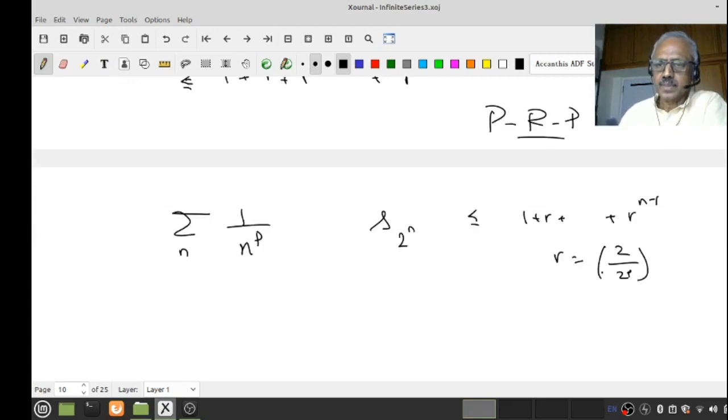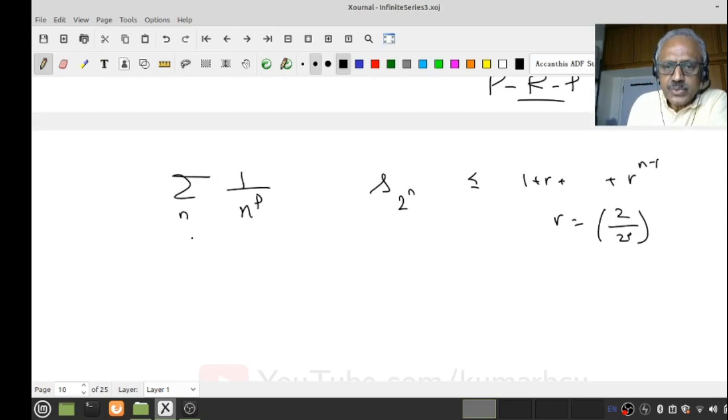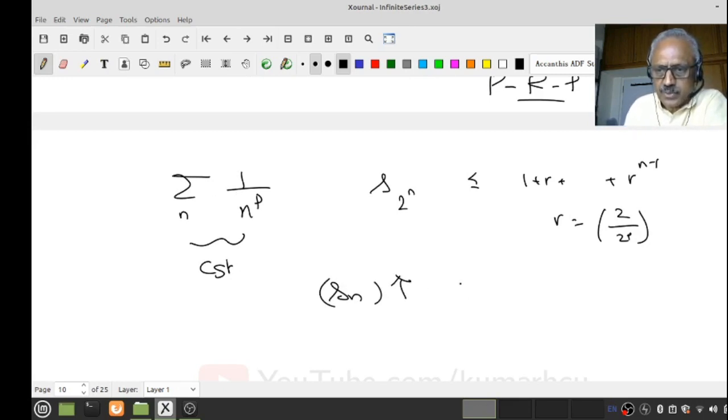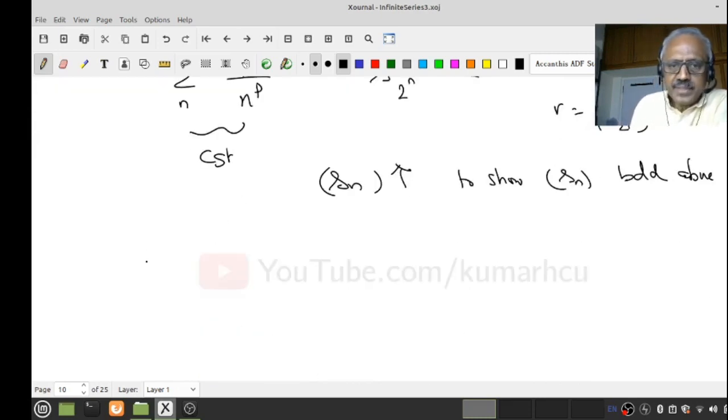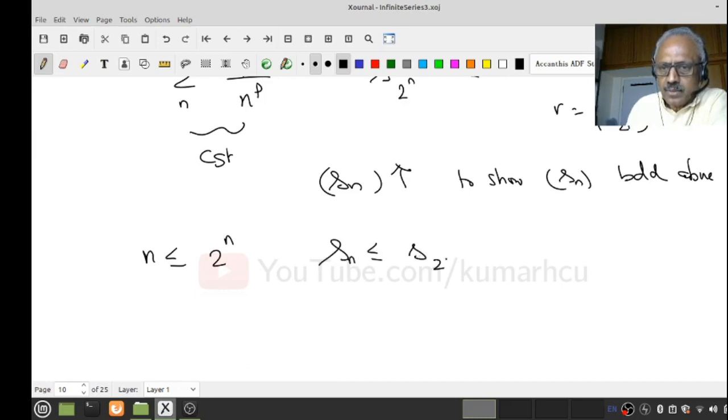Now what do I want? If I want to show this is convergent, I have to make sure, yes, remember these are all positive terms. Therefore, I know this is increasing, therefore I have to show it is bounded above. And remember, for each n, n is less than or equal to 2 to the power n, and hence Sn is less than or equal to s 2 to the power n.